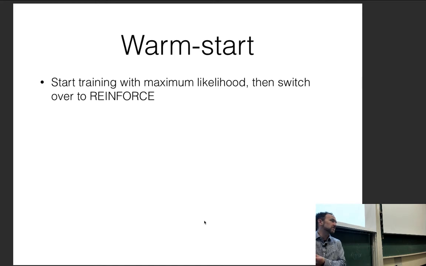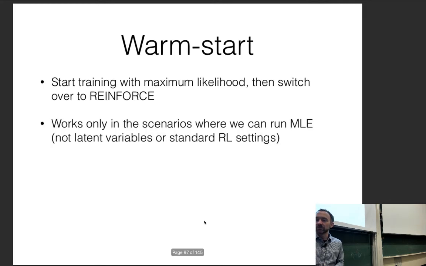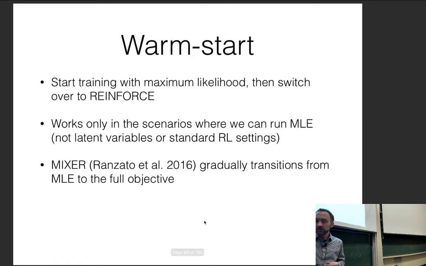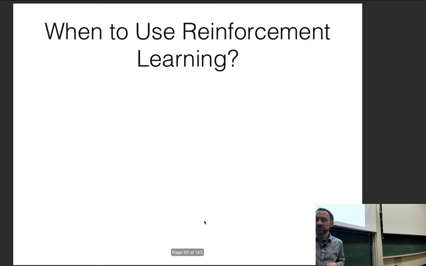So you can just optimize towards the true answer first, and then reinforce after that. MIXER, one of the first applications of RL to sequence generation using neural networks, gradually transitions from MLE to the full objective. So they talk about a schedule.